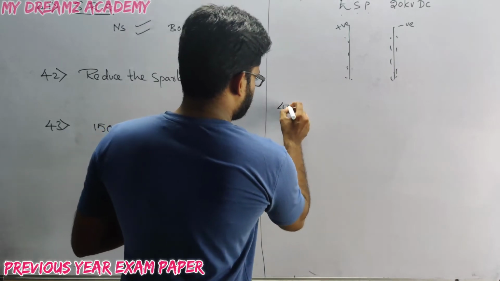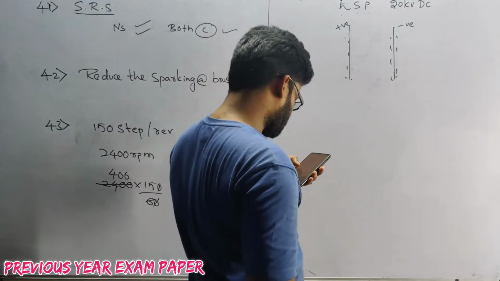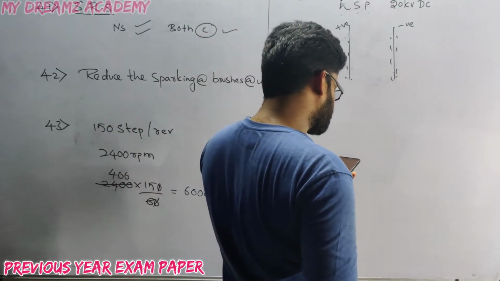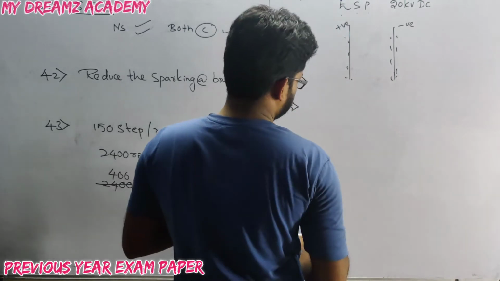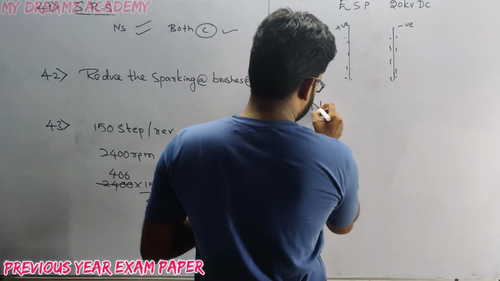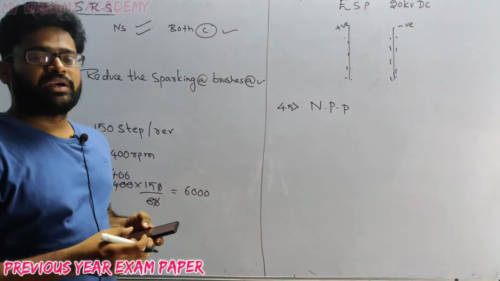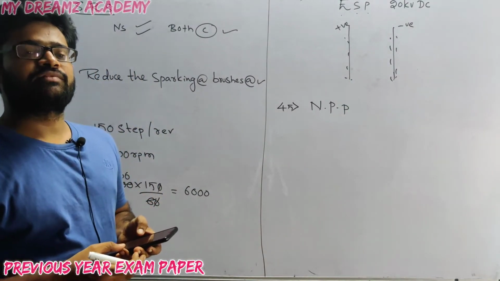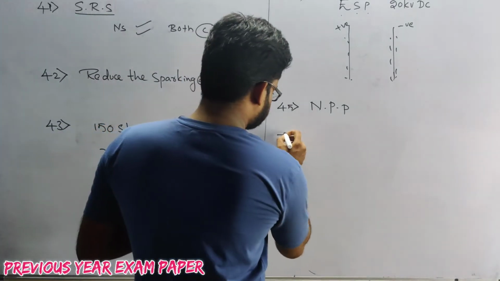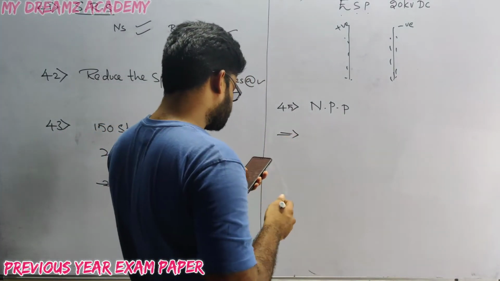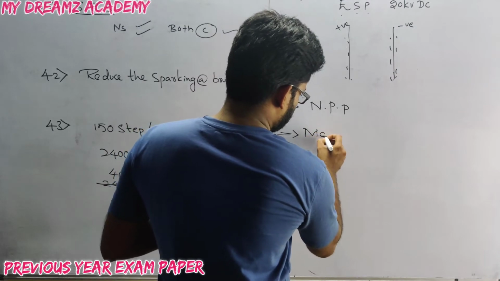Next, question number 45: the following is used to reduce the speed of the neutron in the nuclear power plant. The equipment which reduces the speed of the neutron is the moderator.